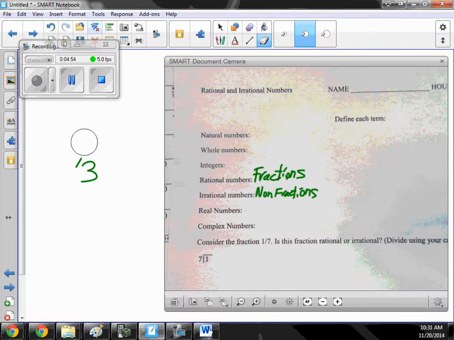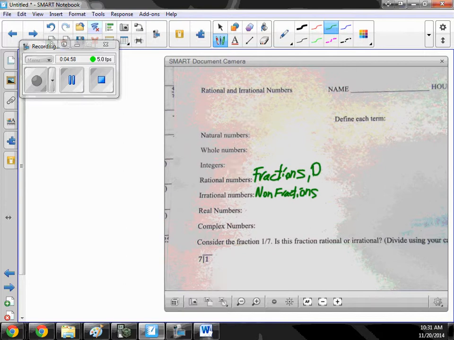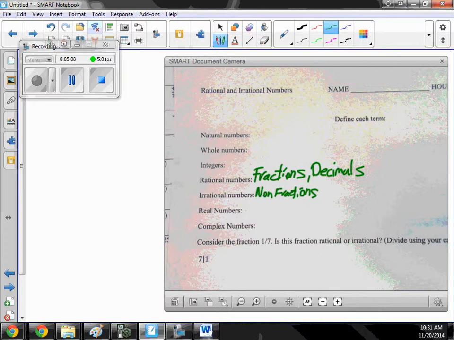So other than fractions, the way to define this is to look at decimals. There are two types of decimals that are rational. Yes, Joseph? Right. So these fit inside there, and these fit inside there, and these fit inside there.